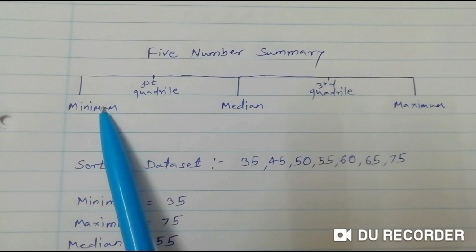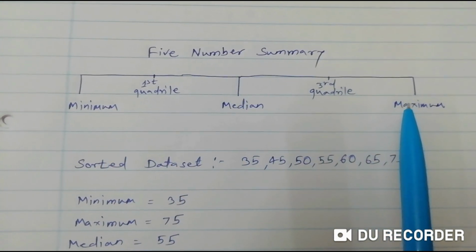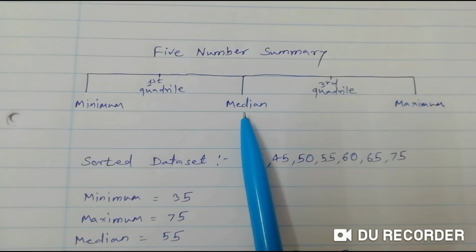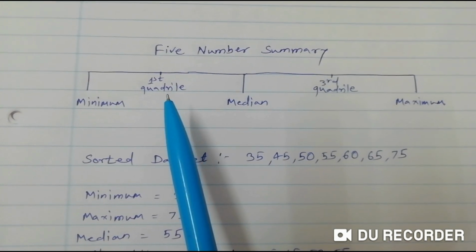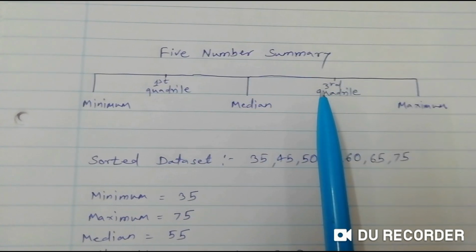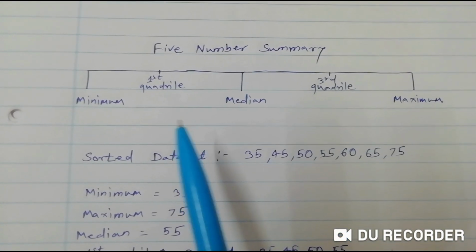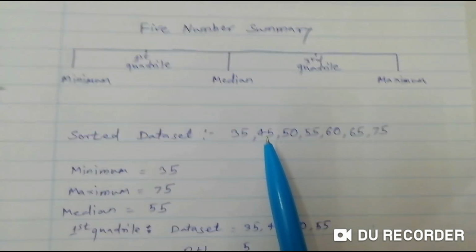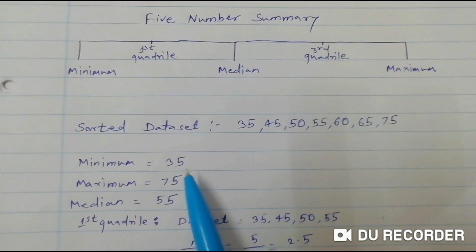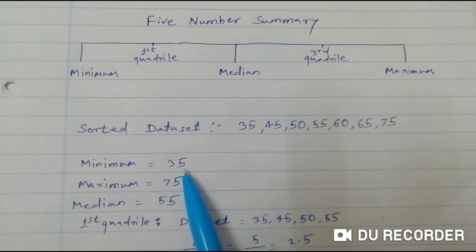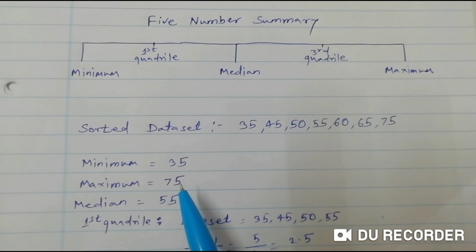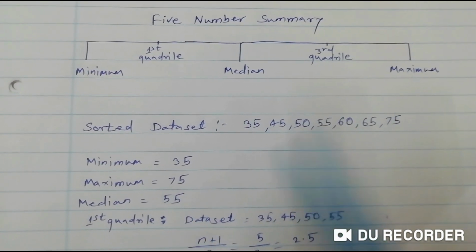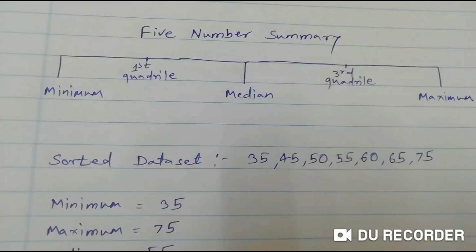The first element is the minimum, the second is the maximum, the third is the median, and after that we calculate the first quartile and third quartile. So this is our sorted data set we sorted previously. From that we can easily get the minimum value as 35, the maximum value as 75, and the median we just calculated, that is nothing but 55.